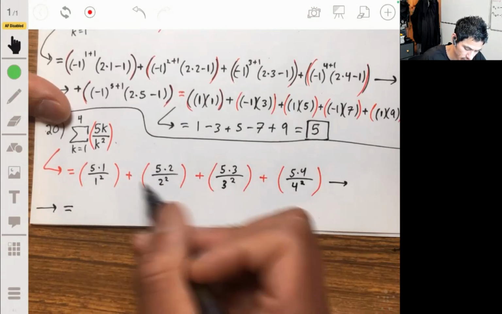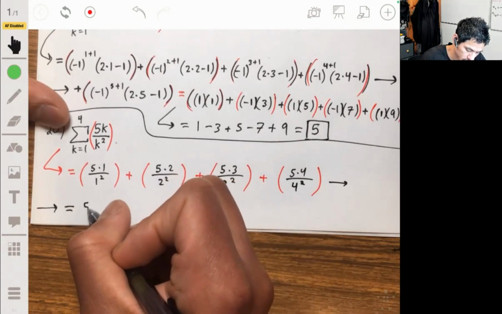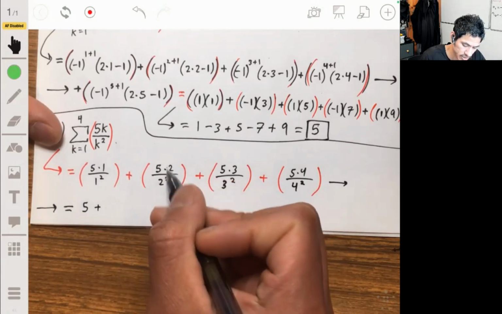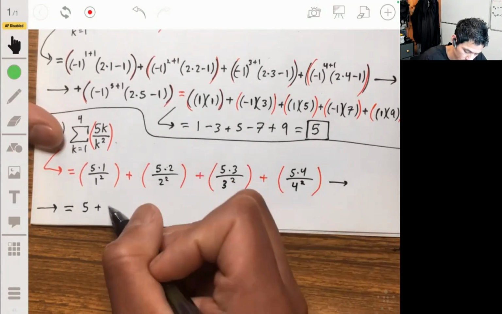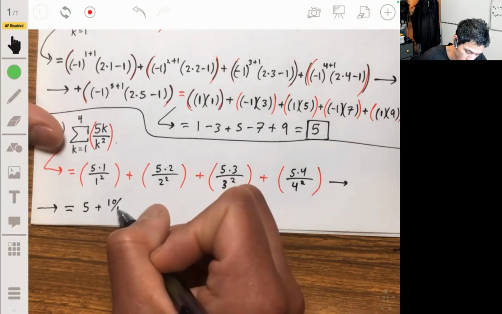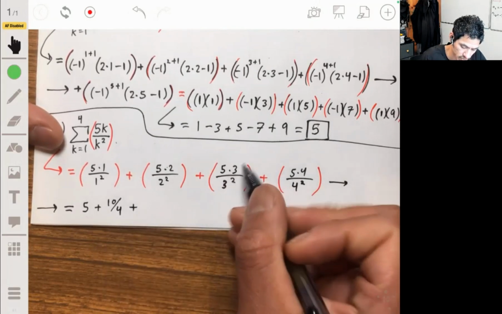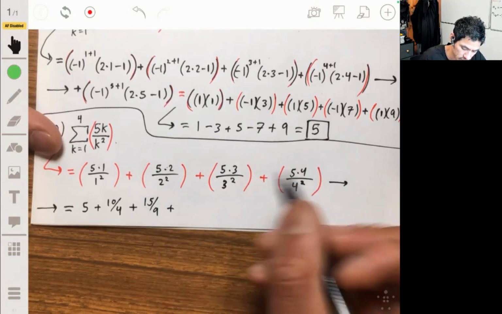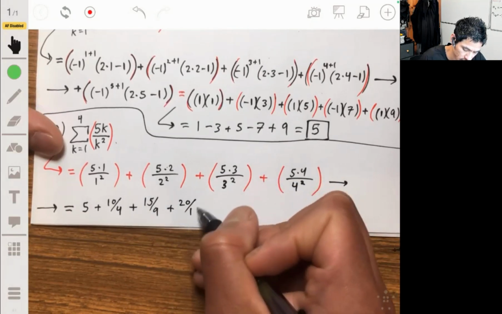And then from here, we'll get 5 over 1, so just 5, plus 10 over 4, plus 15 over 9, plus 20 over 16.